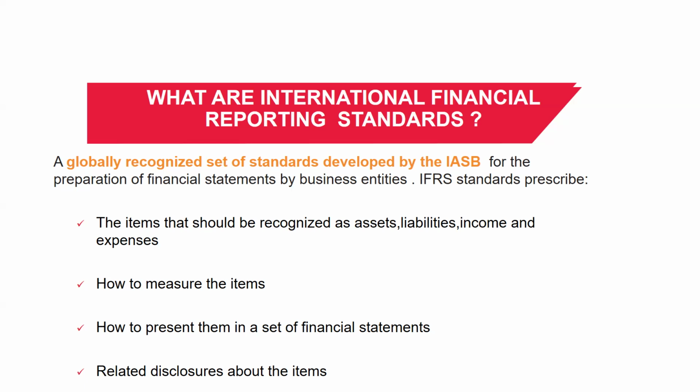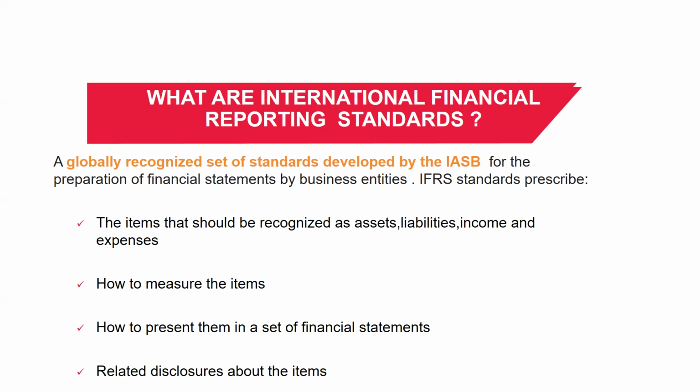And lastly, the International Financial Reporting Standards prescribe related disclosure about the items. The disclosures are the more detailed information that needs to be provided so that the users of the financial statements or the annual report can be able to understand the financial statements.